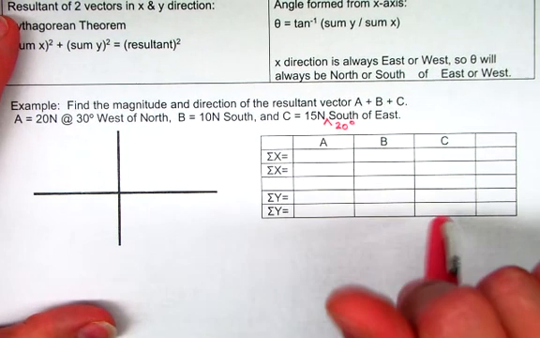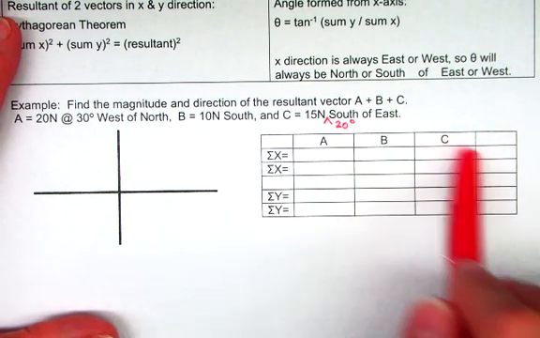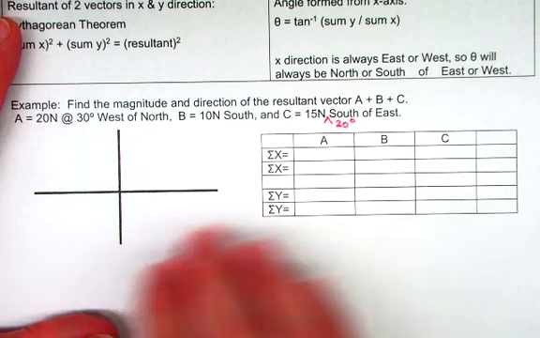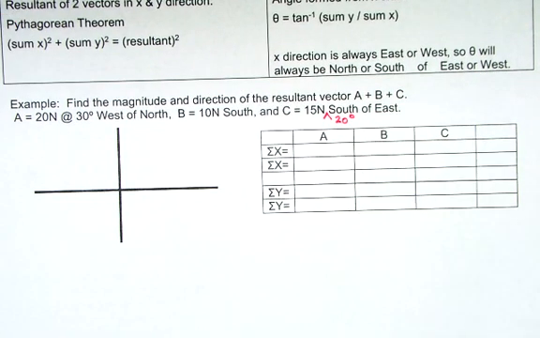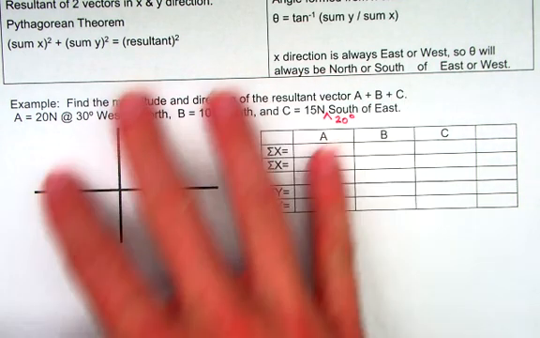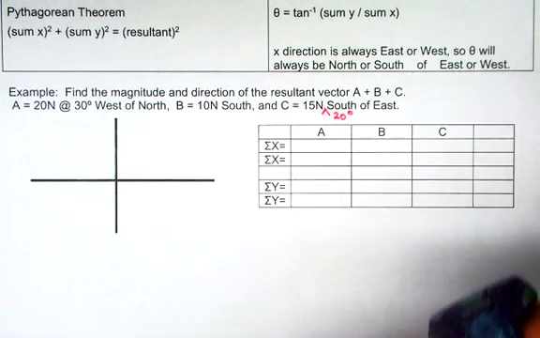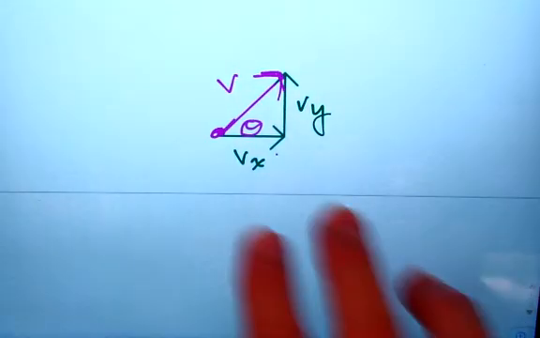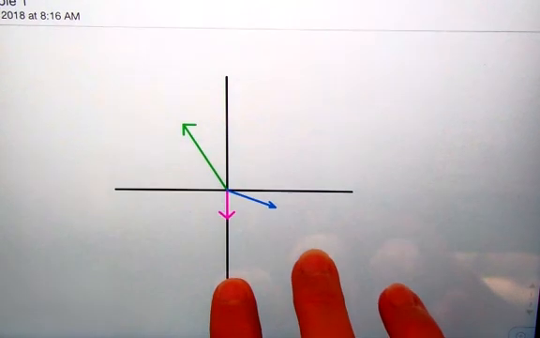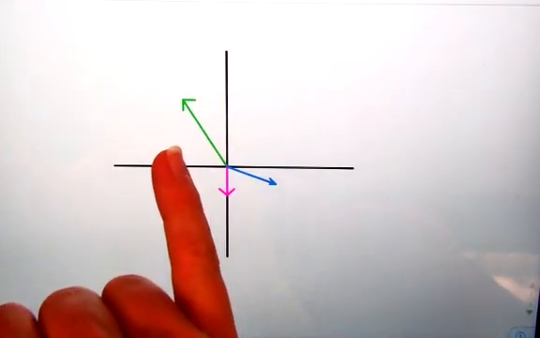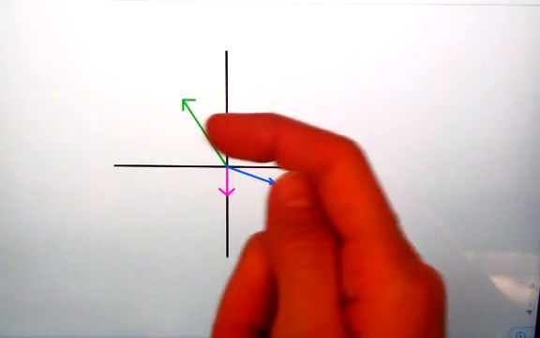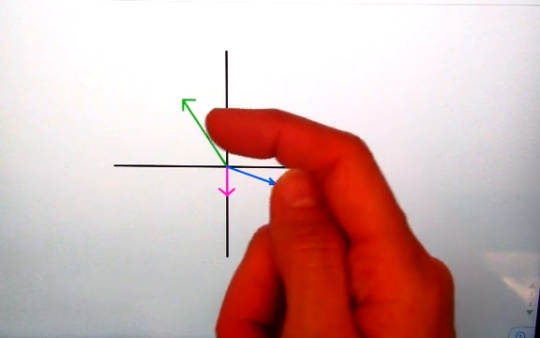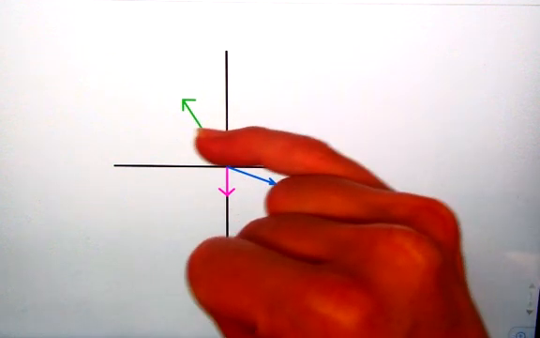Okay, so it's really helpful to set up a table, and I'm going to walk you through how to use this table. And it's also helpful to draw your vectors. What I want to do first before I get into the algebra piece of this is I want you guys to take a look at what it looks like when we add A plus B plus C. So coming back to this, I pre-drew, so this is my A, and this is 30 degrees west of the north.